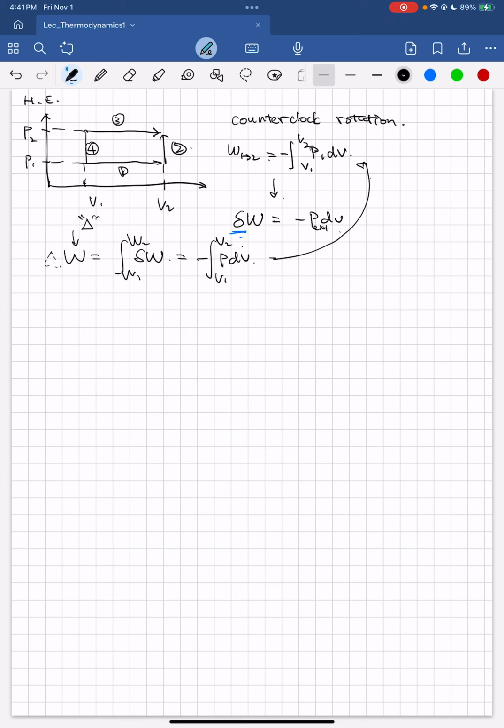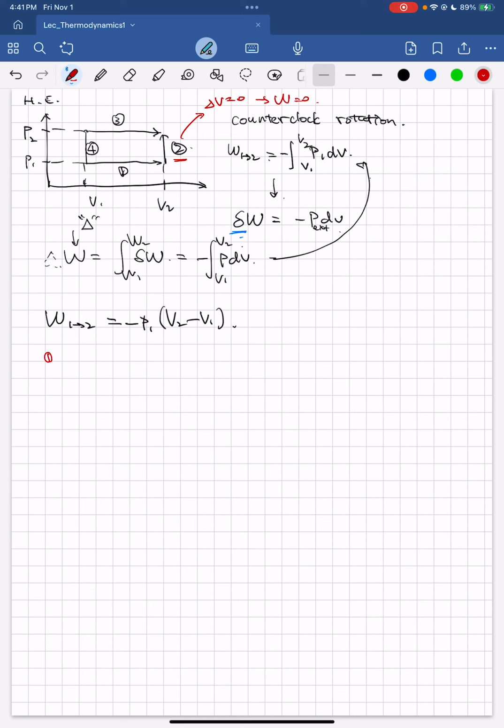Okay? Now, from 1 to 2, W1 to 2 is minus P1 (V2 minus V1). Simple integration. Okay? And from 2 to 3, as we talked about, delta V is 0, so work is 0.